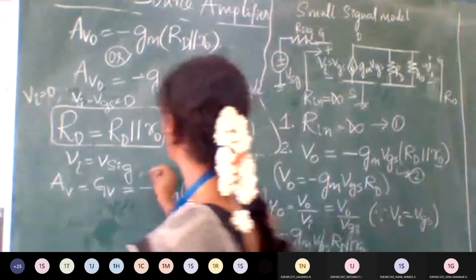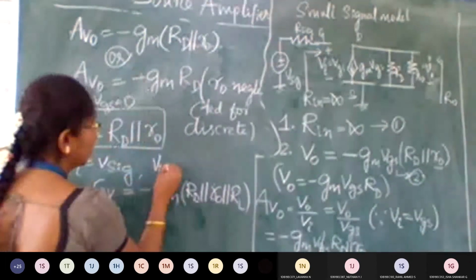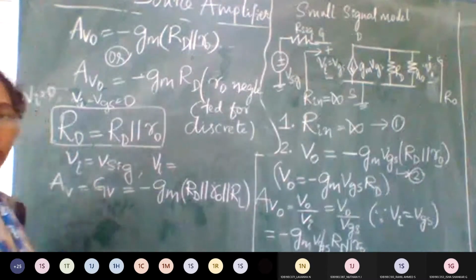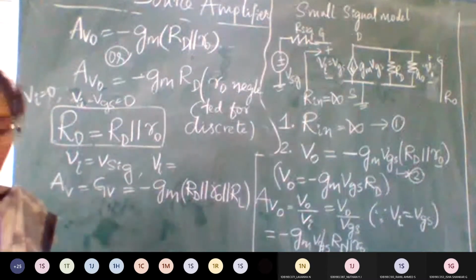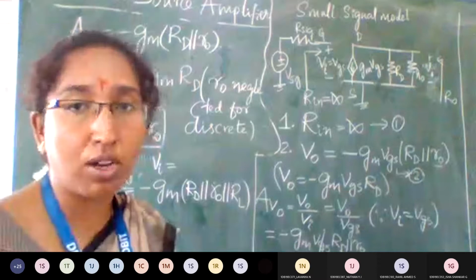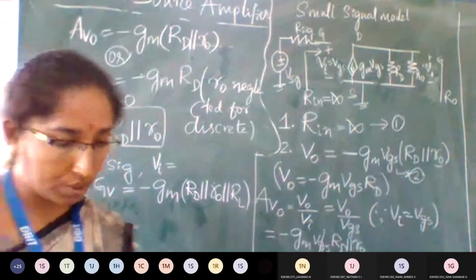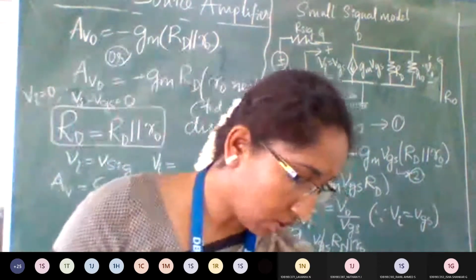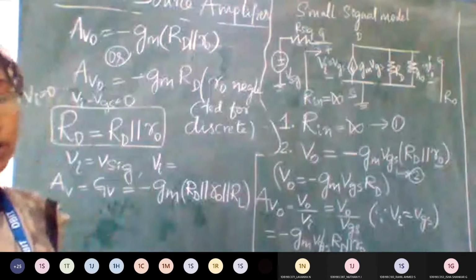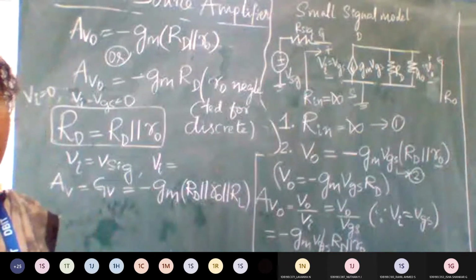And one more condition you should know. I told you when we're analyzing the small signal model, Vi should be how much when you compare with VOV, the overdrive voltage?